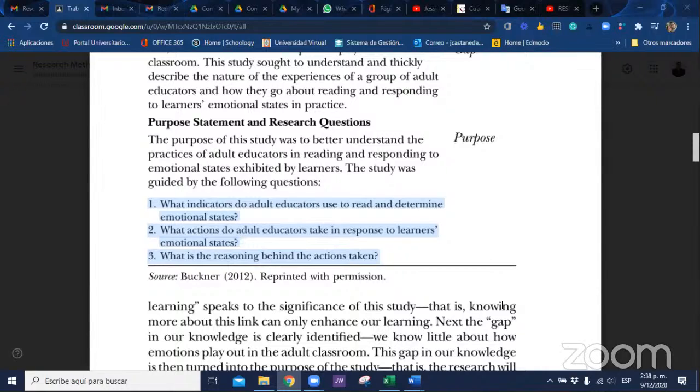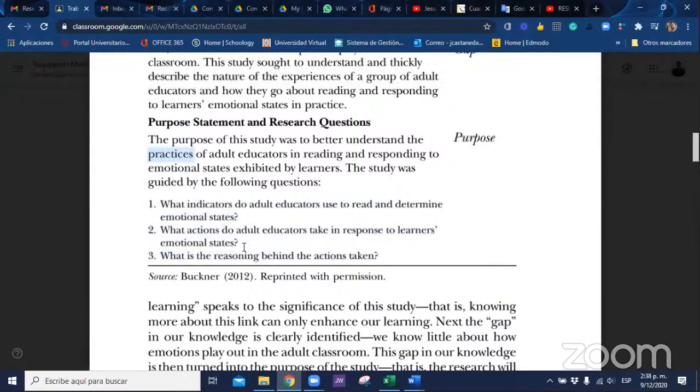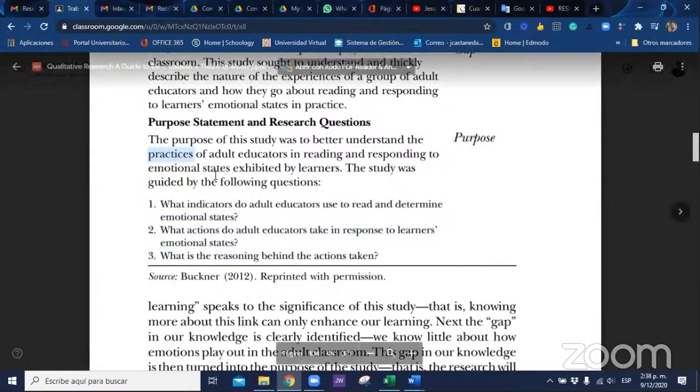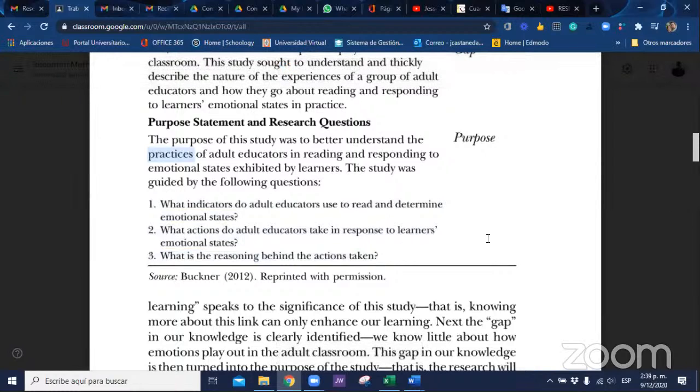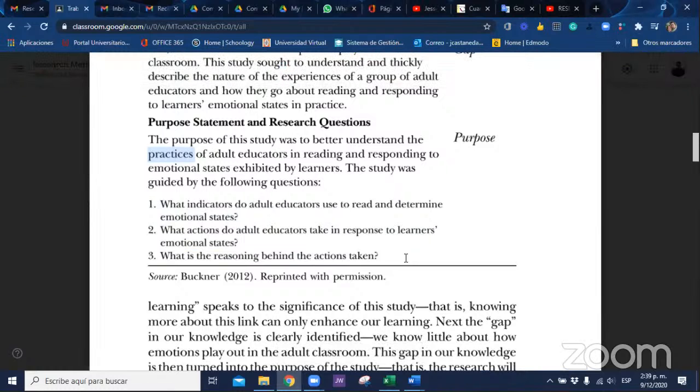Which one? As they are going to analyze the practices, I will argue that this one is going to be an ethnography. They are going to observe these practices of the teacher educators, and they are going to establish the answers to these questions, right?